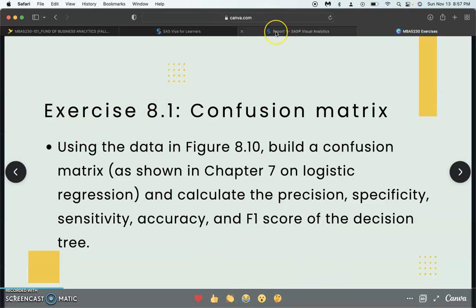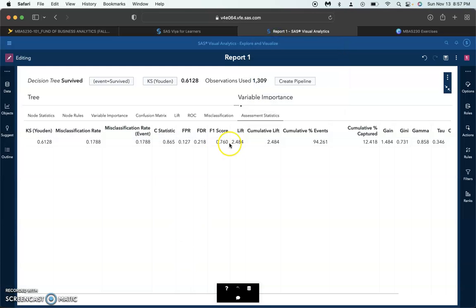That was calculated through SAS Viya. We can see that the F1 score is about 0.76, and that's really all we want to see within this set of data.